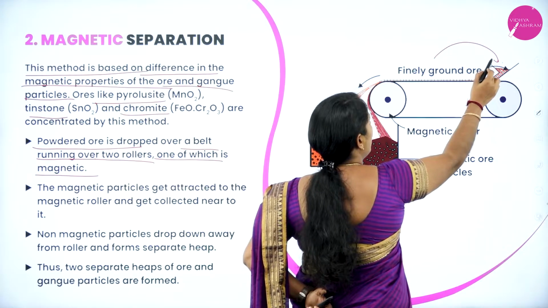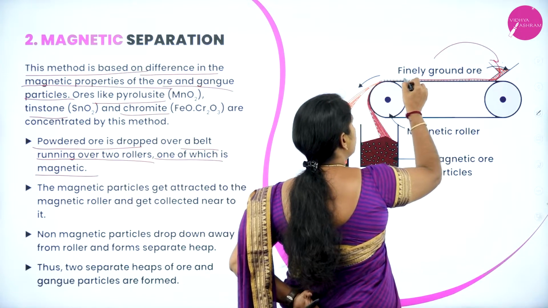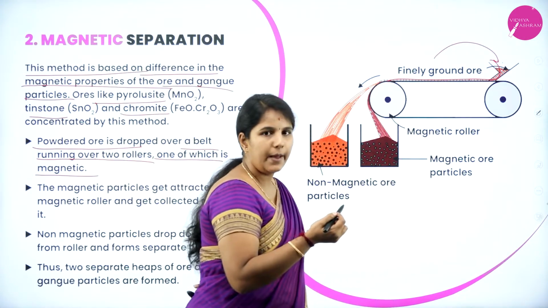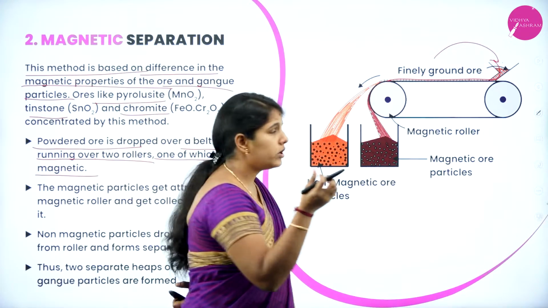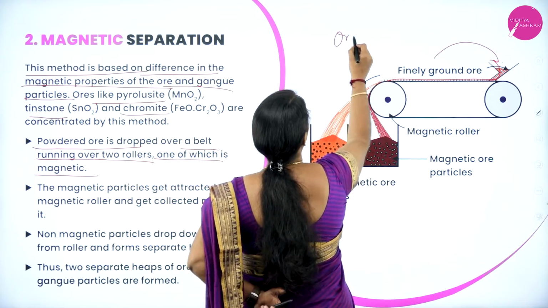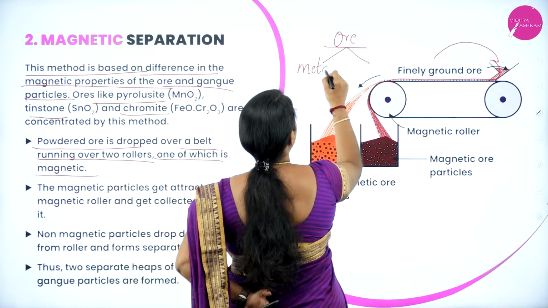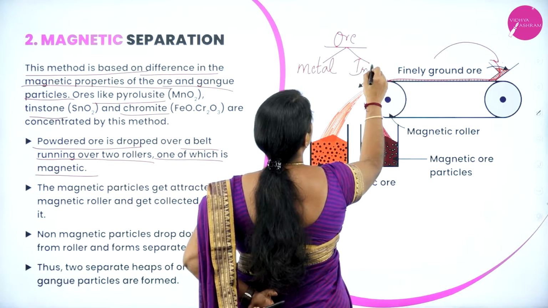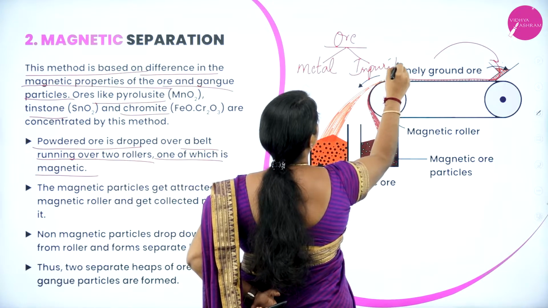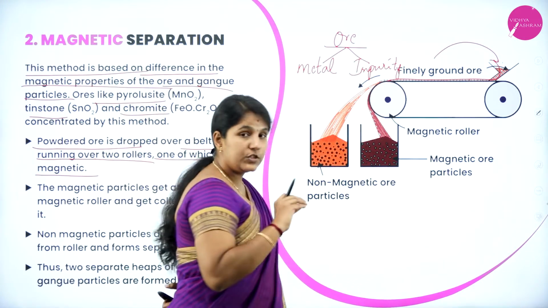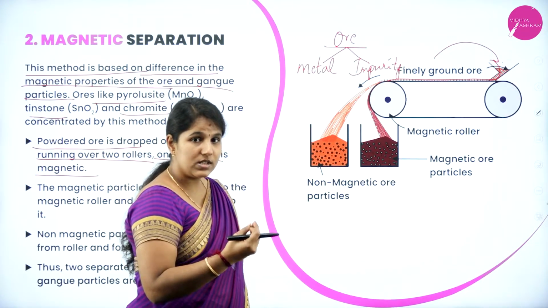So when the powdered ore is running on the magnet, what will happen? We know that our ore consists of metal along with impurities. Which one will be attracted towards the magnet?